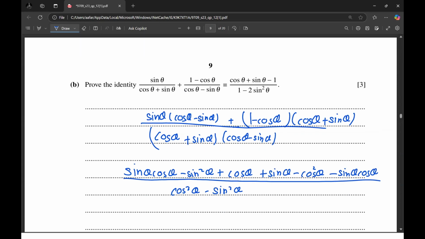So if we look closely over here, we can see sin theta cos theta minus sin theta cos theta, those cancel out. And then we have negative sin square theta cos square theta.